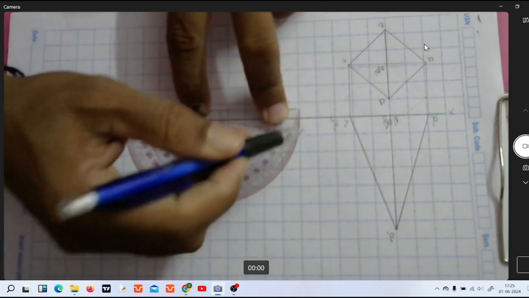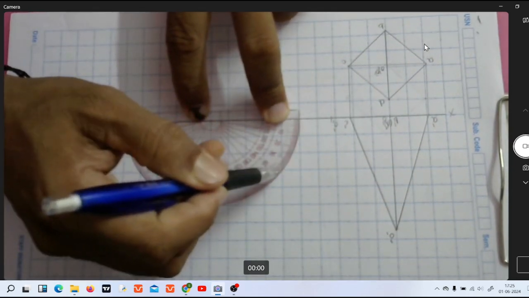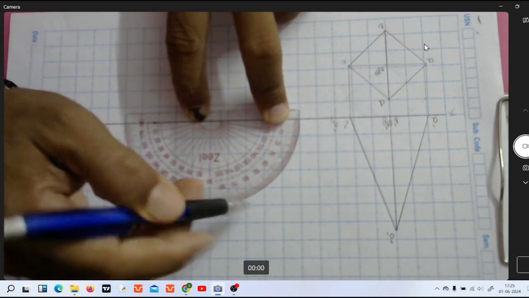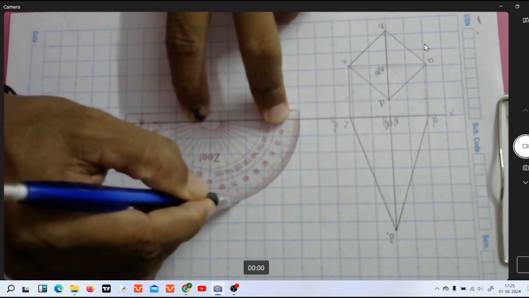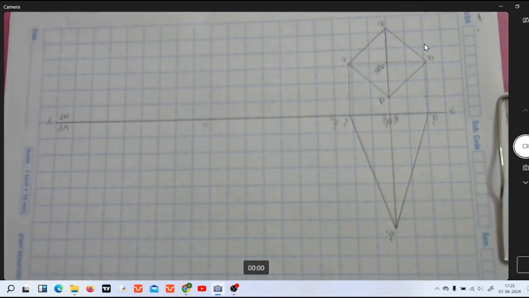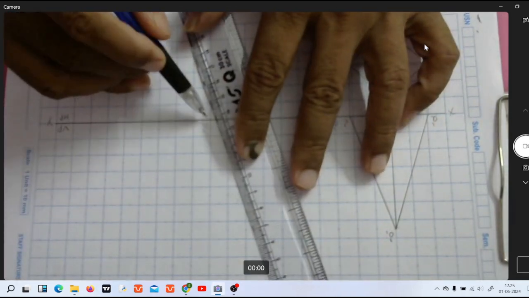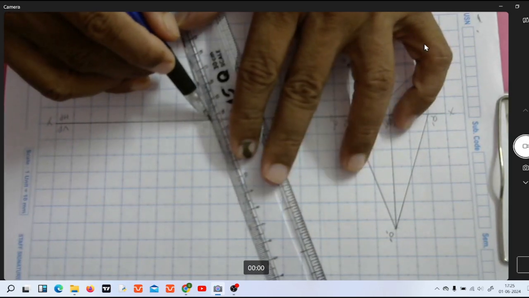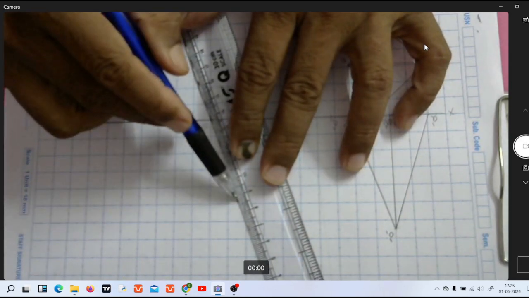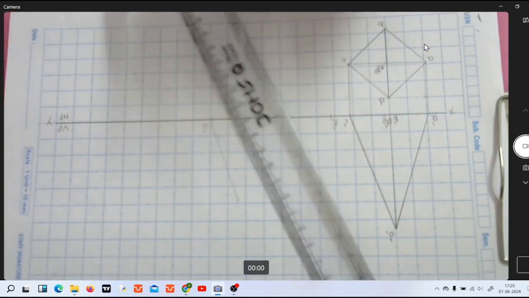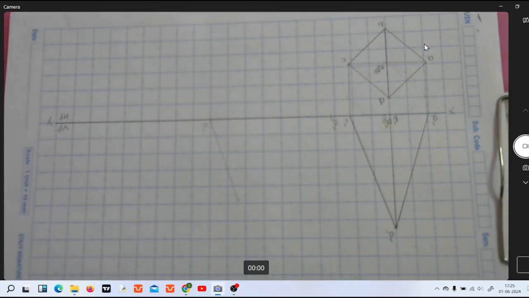Let us measure 10, 20, 30, 40, 50, 60, 70, 72. Now let us draw a very thin construction line here. Now this is the base.